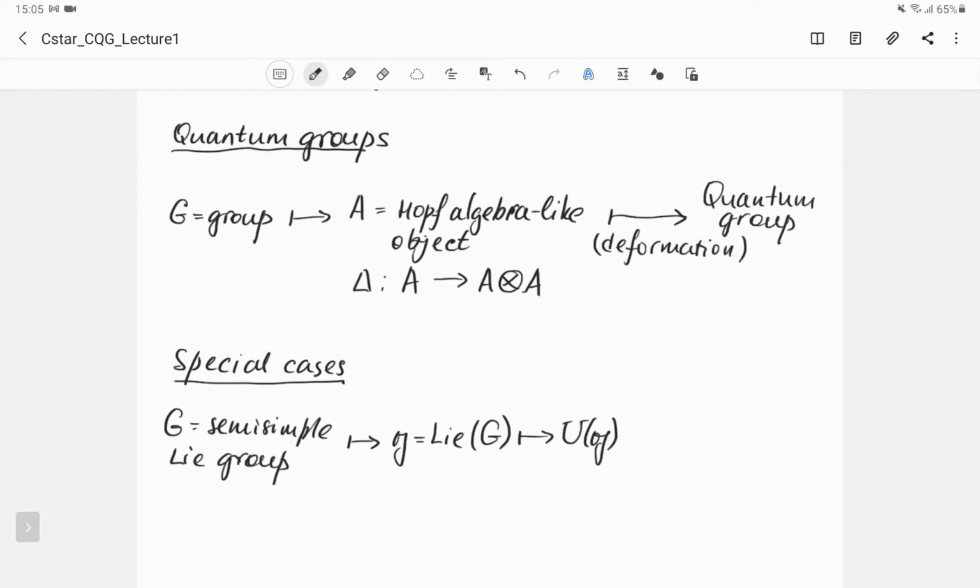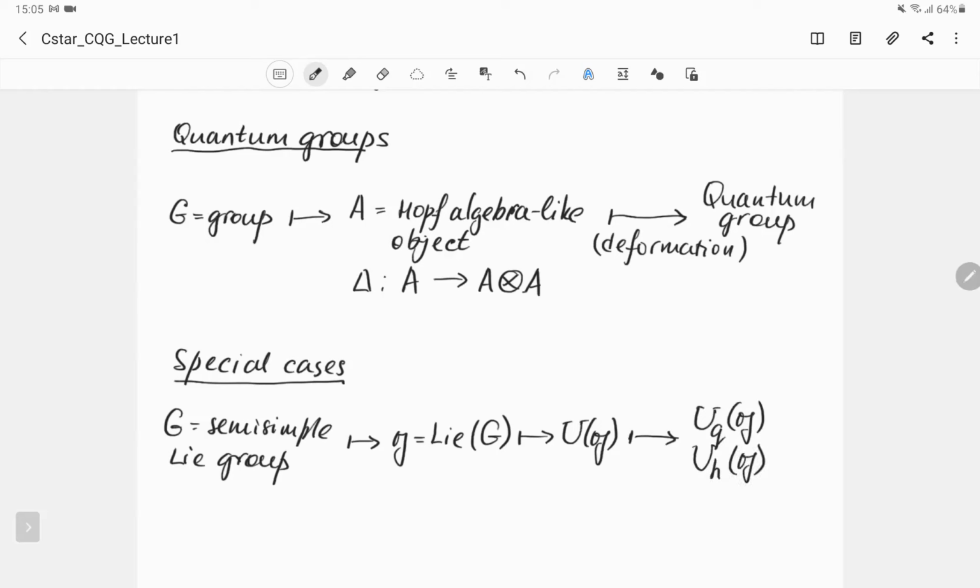In this case, there are some ways to quantize this object. And this quantization or deformation leads to so-called quantized enveloping algebras, denoted U_q(g) or U_h(g). They're a bit different, but they are closely related.